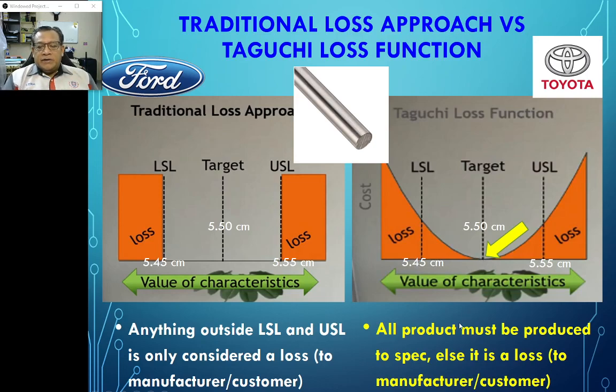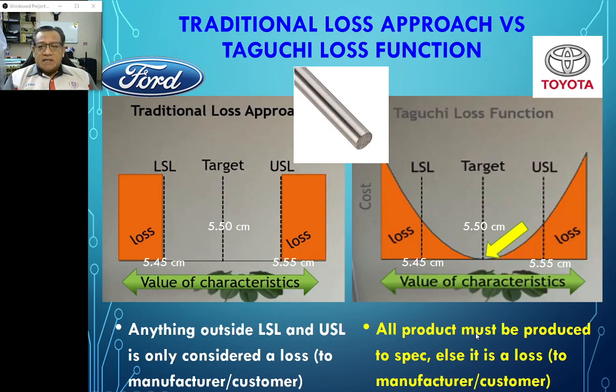So that is the idea or the approach mooted and generated by Dr. Taguchi. That's why many Japanese companies are embracing this kind of approach.